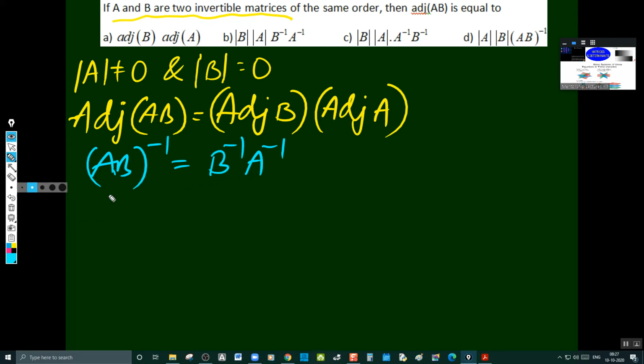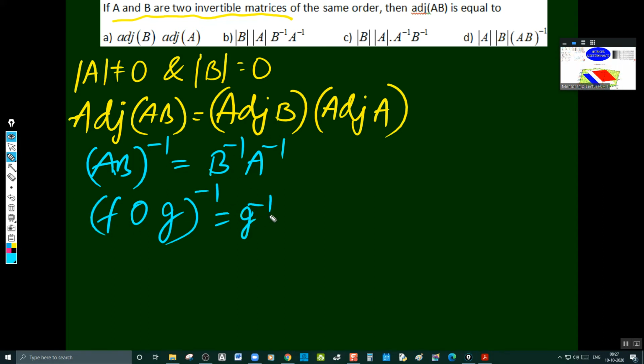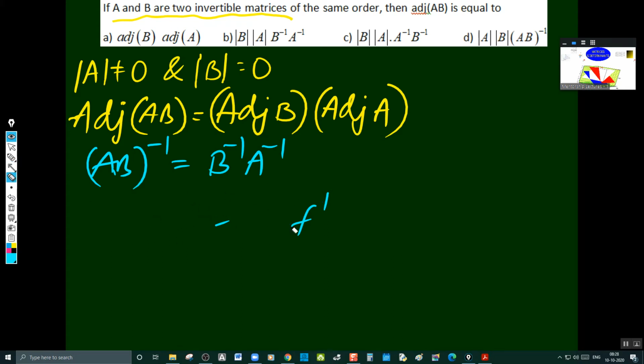Similarly, in functions also, you might have remembered F circle G whole inverse is nothing but G inverse circle F inverse. So splitting happens always from the right hand side. There are proofs for this. Of course, we don't need them because these are objective examinations. It is to be remembered.